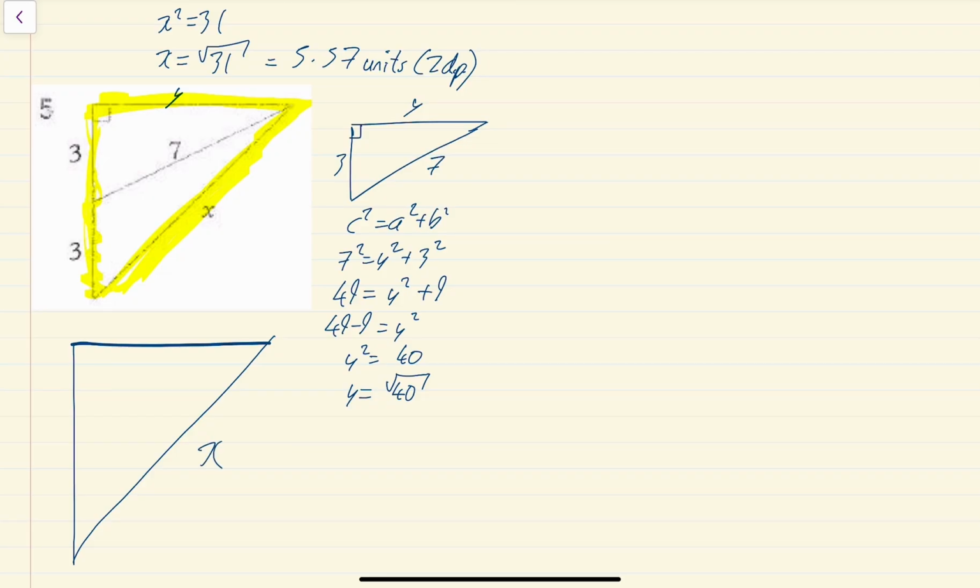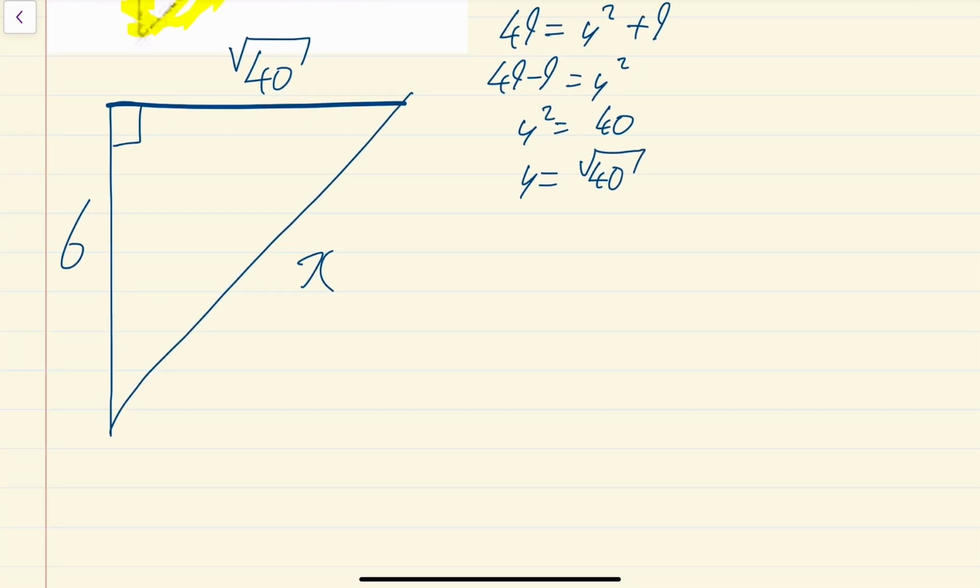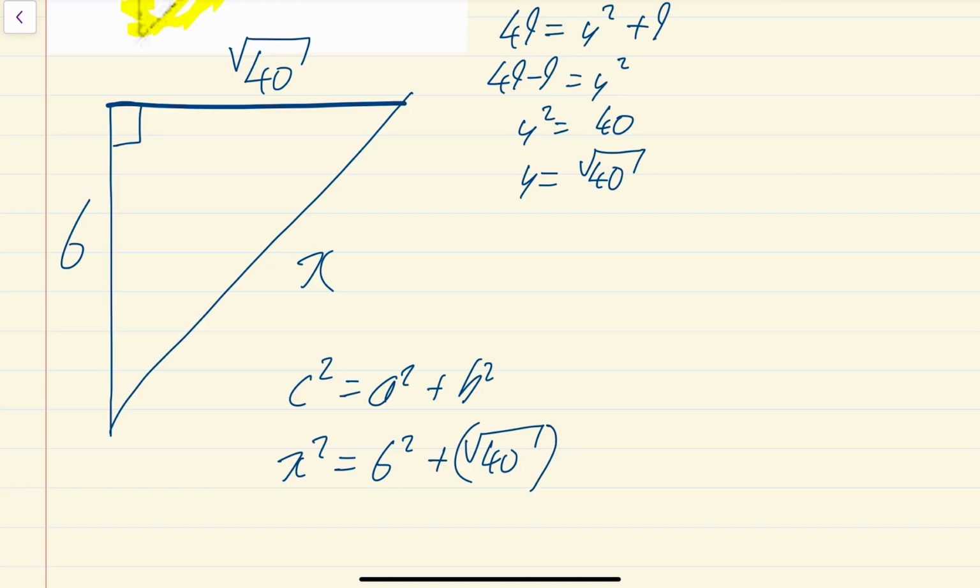That's our x. Our y is root of 40, and the vertical side there is 6. So now to get our x, c squared equals a squared plus b squared. So x squared in this case is 6 squared plus the square root of 40 squared.